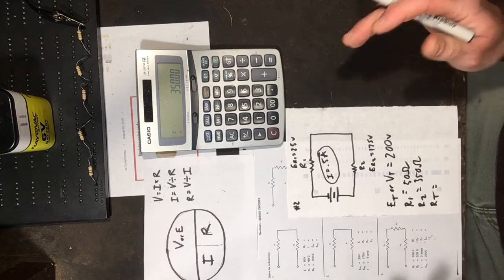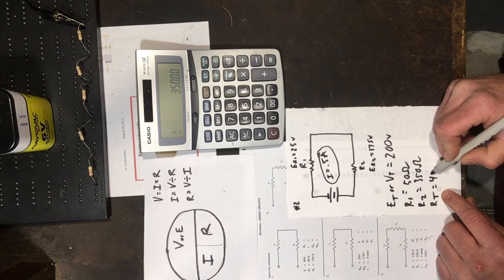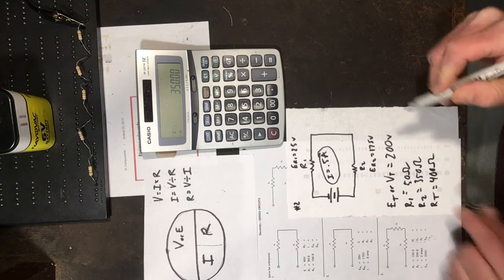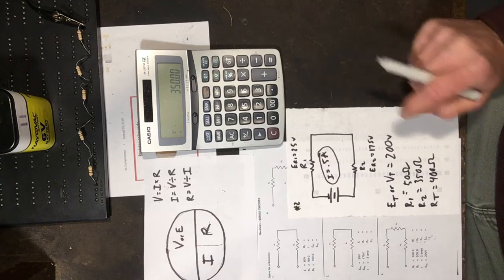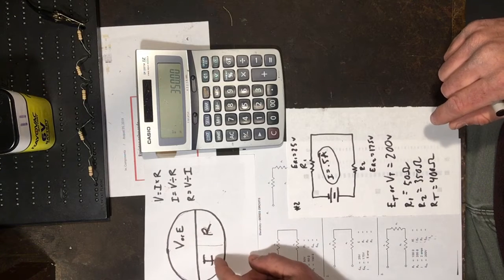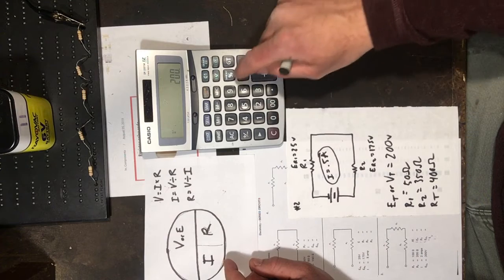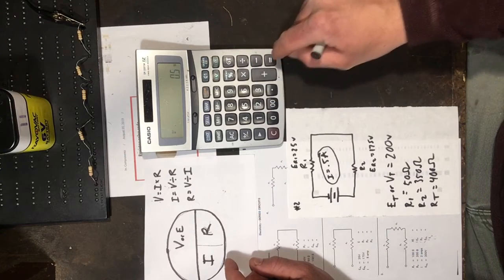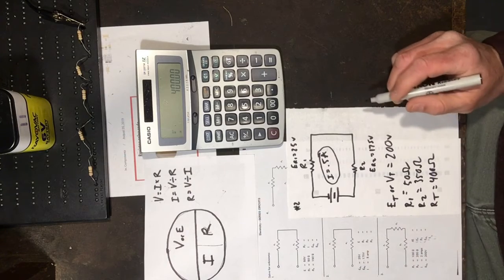To find RT, 2 different ways to do it. Easiest way, I just add 350 and 50, which is 400 ohms. Another way of doing it, though, I had IT and I had VT. So if I'm looking for RT, I would take VT and divide it by IT. So VT is 200 divided by 0.5 equals 400, which is another way of finding out that resistance there.